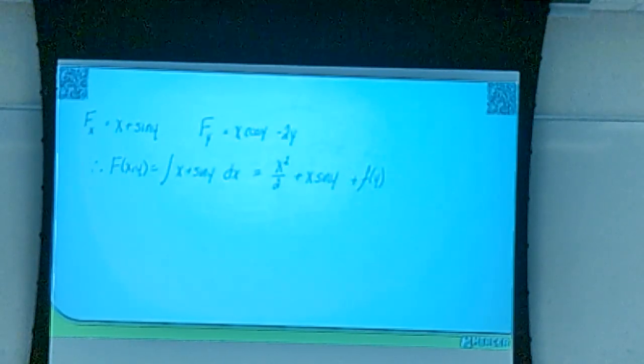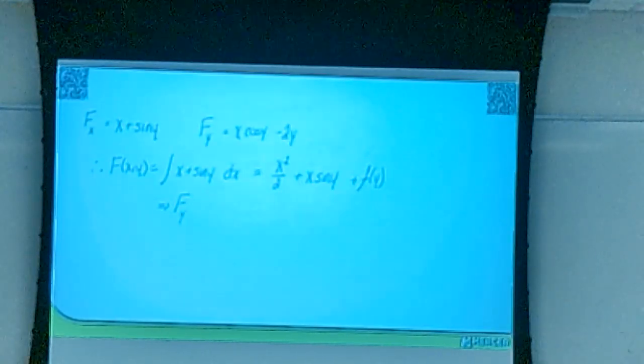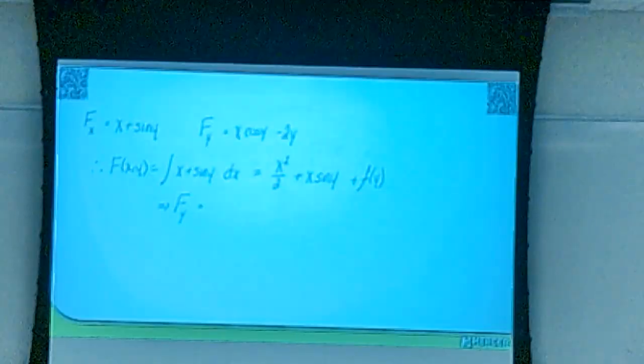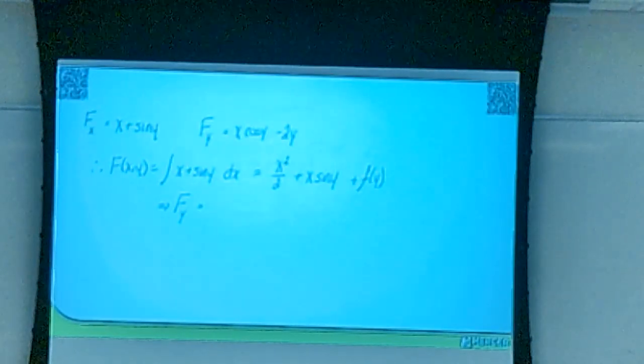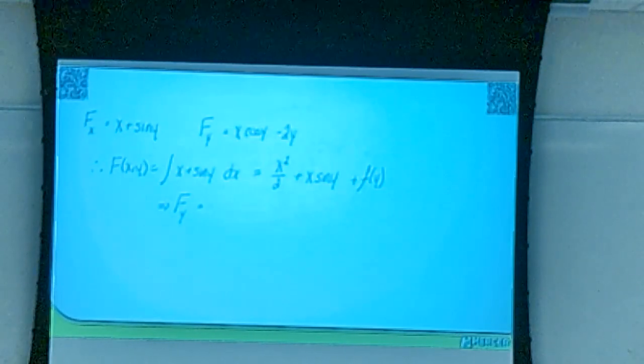Plus some function of y. Now take that partial with respect to y, what do you get? Cosine y plus f prime of y.